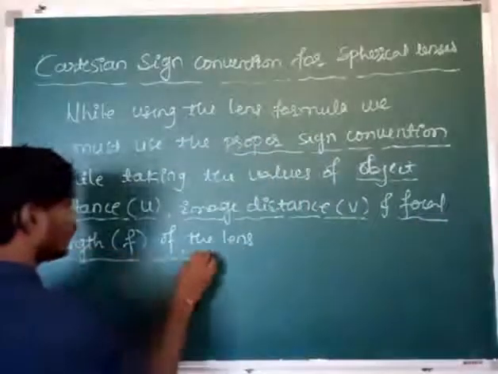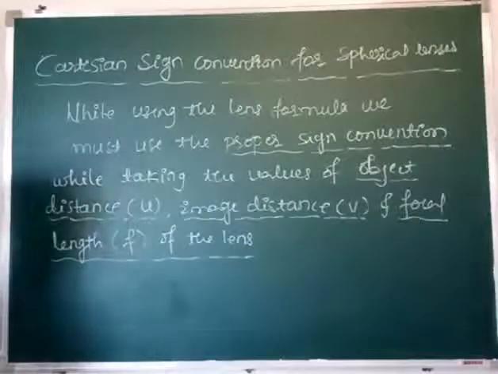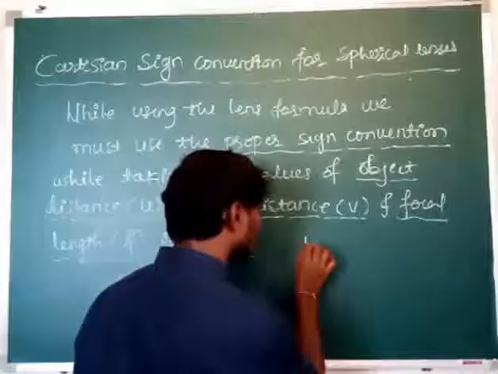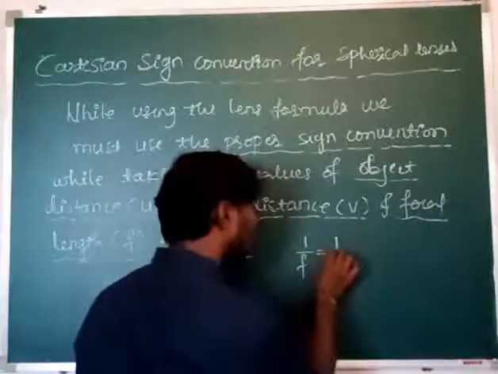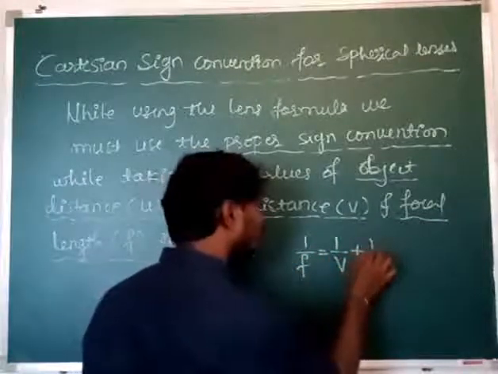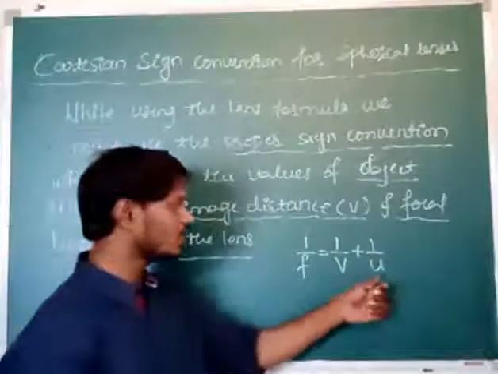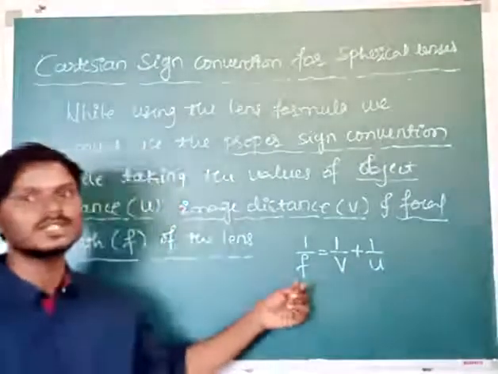So what is the lens formula? Already we know what the mirror formula is. Mirror formula is 1 by f is equal to 1 by v plus 1 by u. It is the relation connecting object distance, image distance and focal length of the spherical mirror.